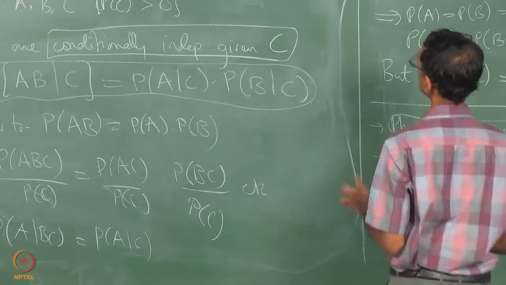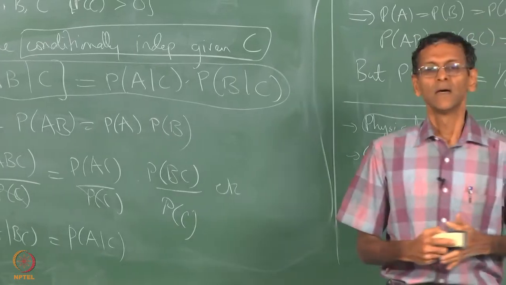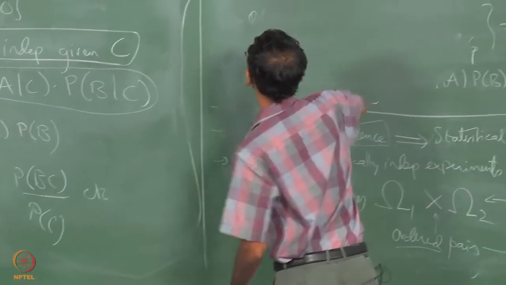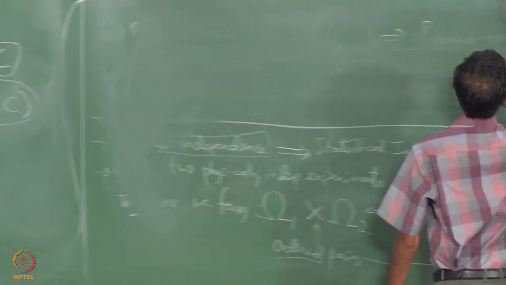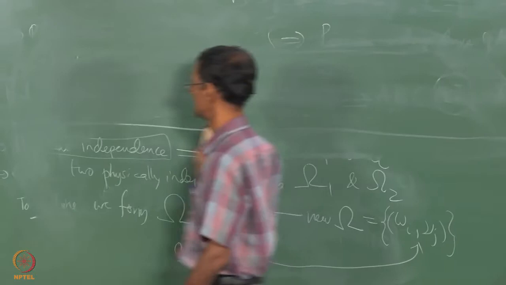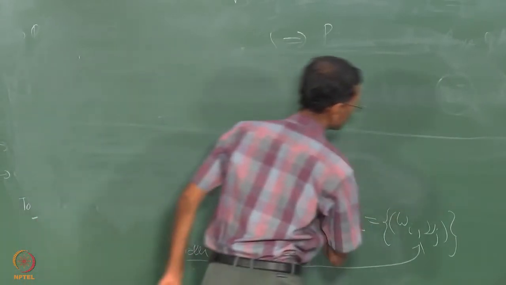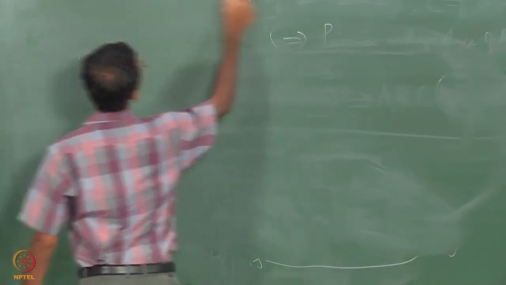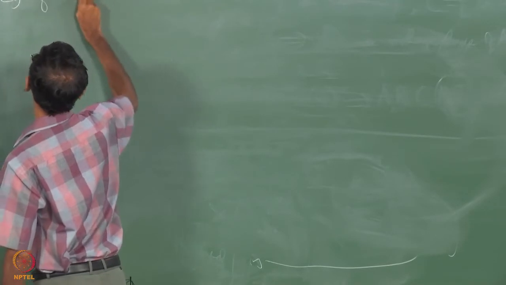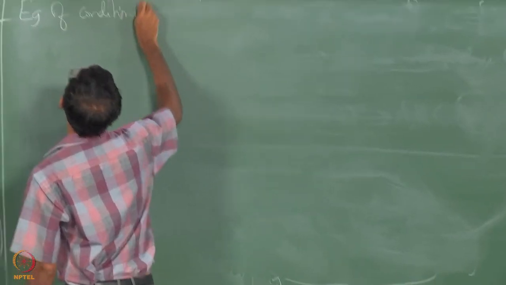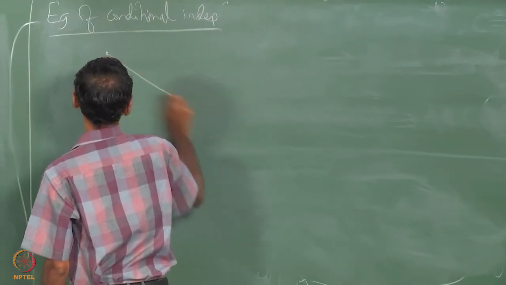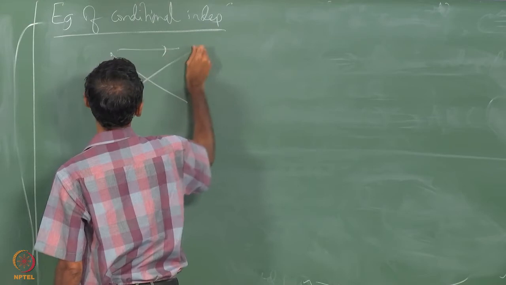Now where do you encounter conditional independence in practice? We go back to our communication channel that we talked about yesterday. An example of conditional independence: supposing you have multiple uses of this channel.